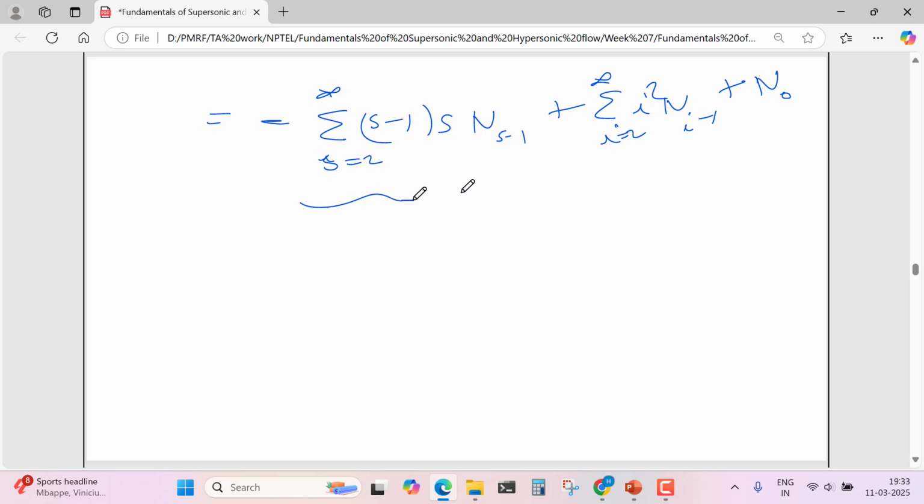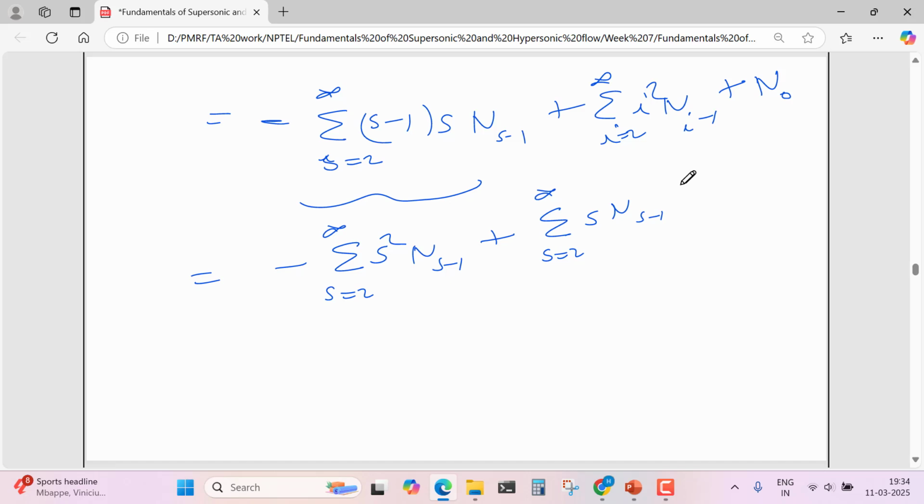We will separate this term, so it will come minus sigma s equal to 2 to infinity s square n_{s-1} plus sigma s equal to 2 to infinity s n_{s-1} plus sigma i equal to 2 to infinity i square n_{i-1} plus n0.